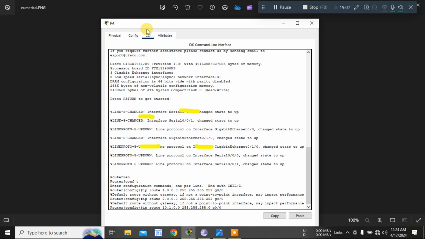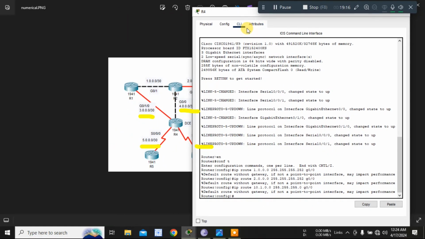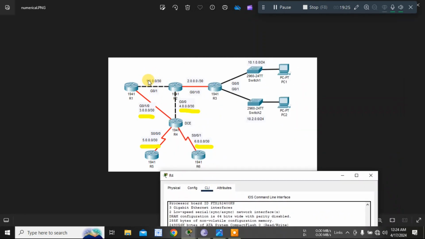So I will provide directly gigabit Ethernet via G0/0. Done. Now I will provide for 2. Done. So everything is done. I have configured this network, this and this for router number 4.